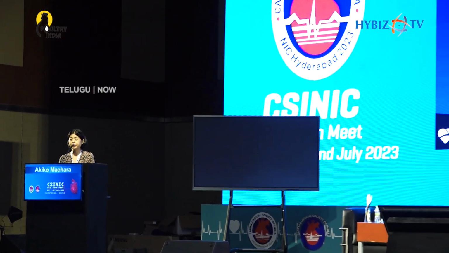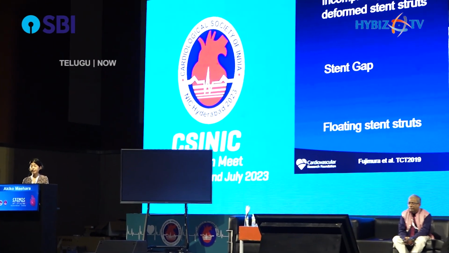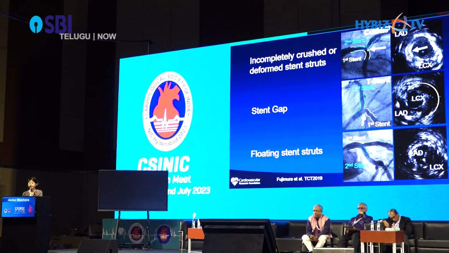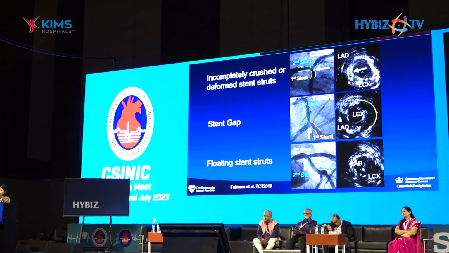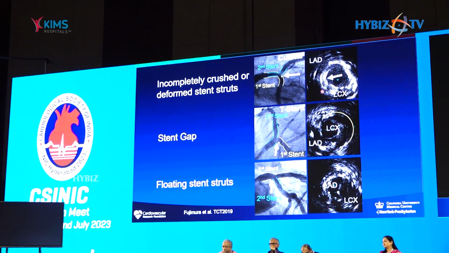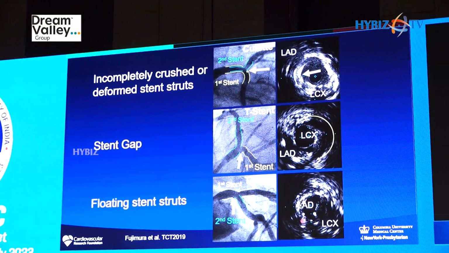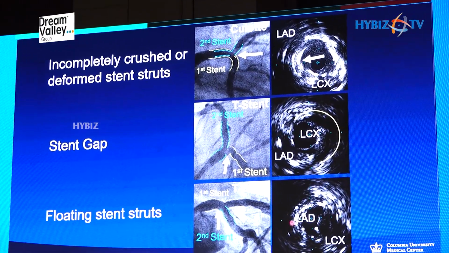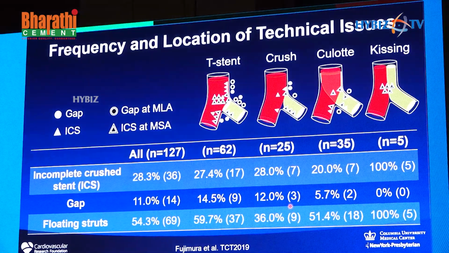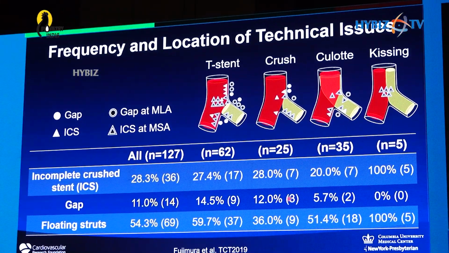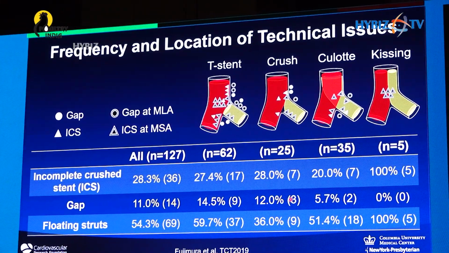No matter what stent technique, we see a gap at the site of the carina. And even when we open up the cell, we still see a lot of stent strut at the bifurcation. Those are the issues. We had 127 cases having IVUS from both sides at the end of the procedure. And those types of mechanical issues are not infrequent.